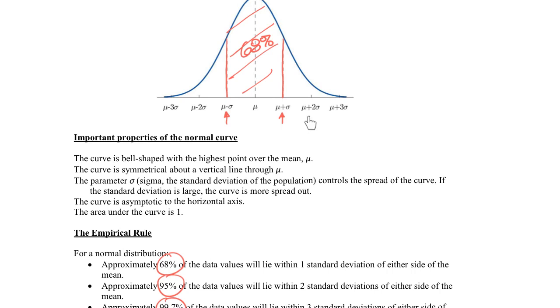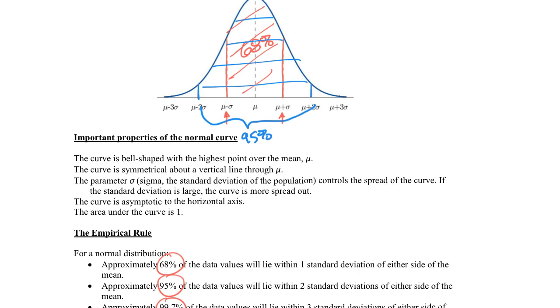So if I go out another standard deviation above and below, so we get to here, then all of this area here is going to be about 95%. So 68% within 1 standard deviation. By the time you get to 2 standard deviations, you have about 95% of the data.